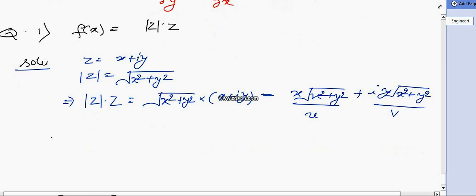Then according to the CR equation, del u upon del x, let us solve it.